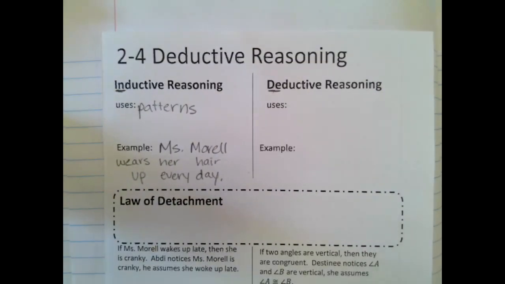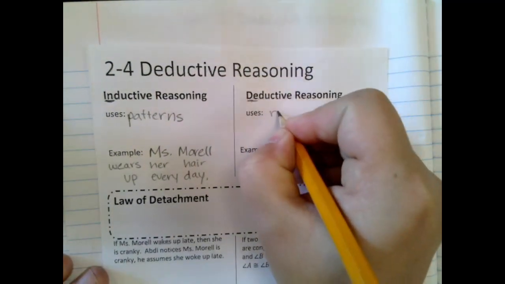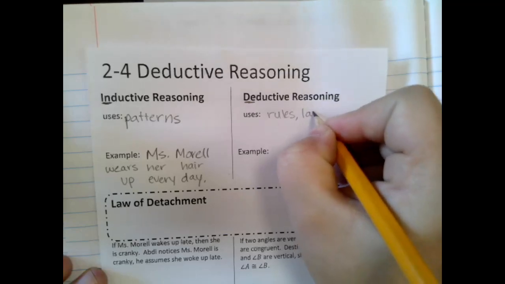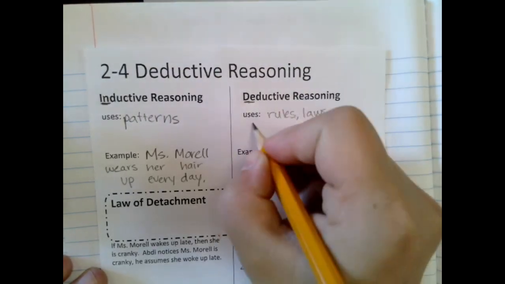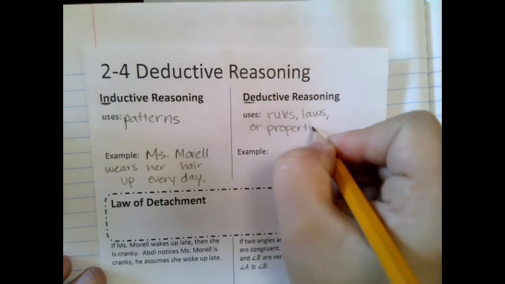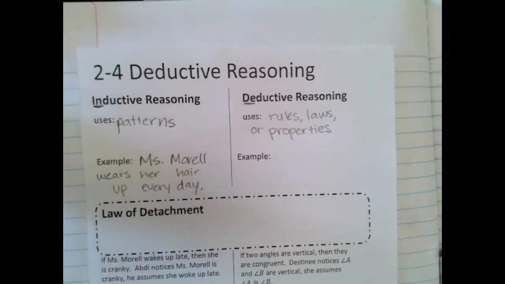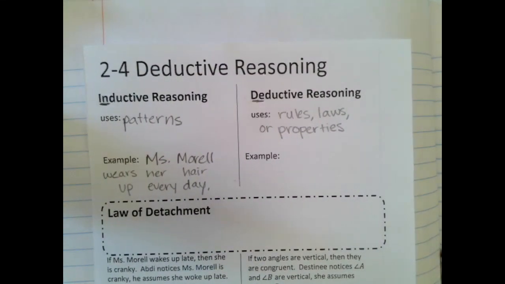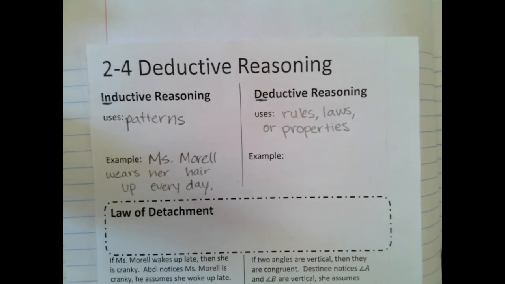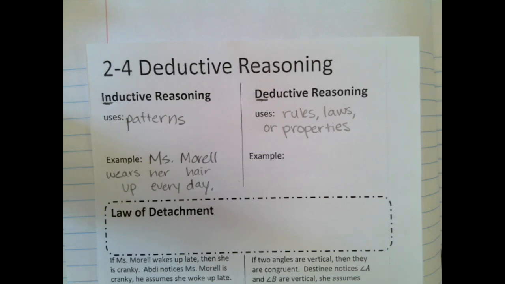All right, deductive reasoning is going to use rules, laws, or properties. Deductive reasoning uses rules, laws, or properties. So for example, if you want to go to the bathroom in this class, what do you have to do?